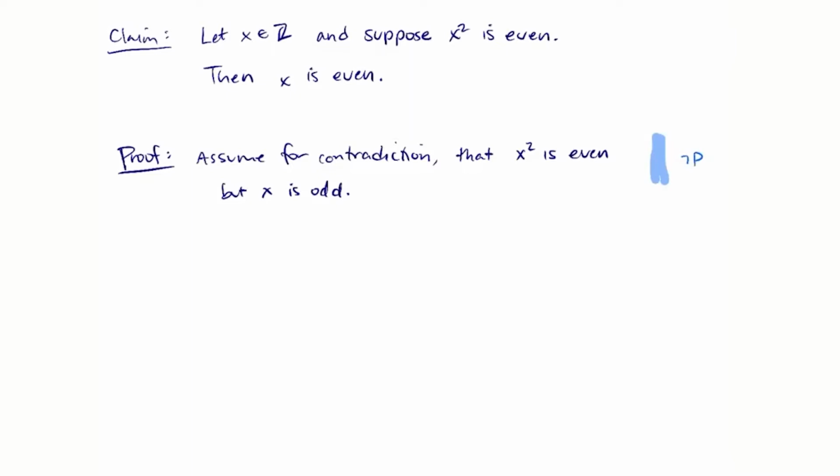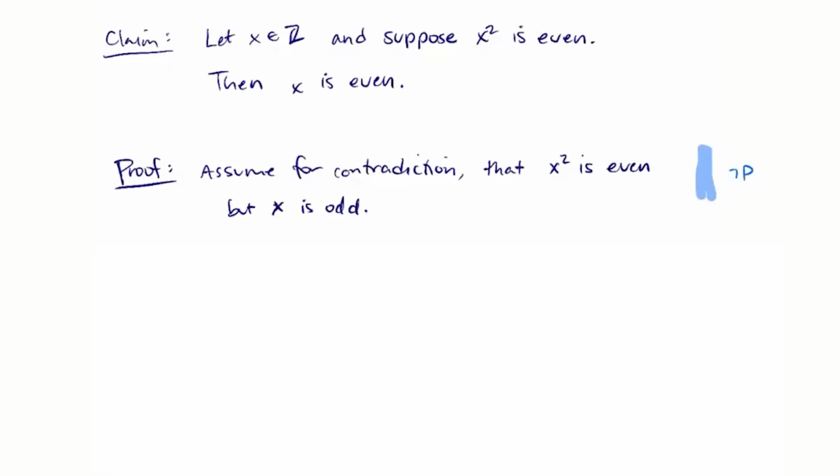Remember, we've written this, and now the goal is to take logical steps until we reach some contradiction. So let's continue. Let's start with the fact that x squared is even. We need to take a sequence of logical steps until we reach some contradiction.